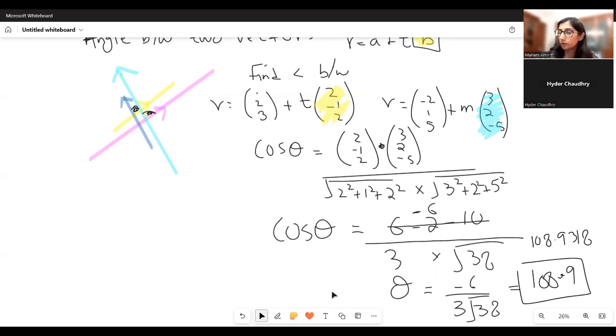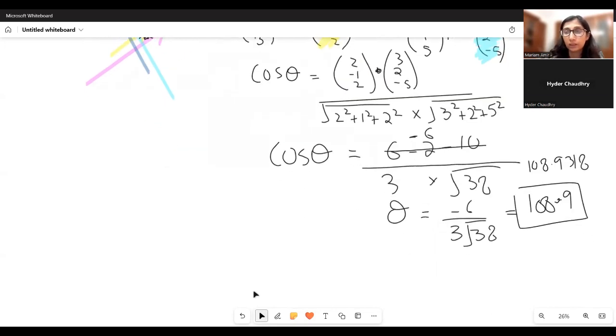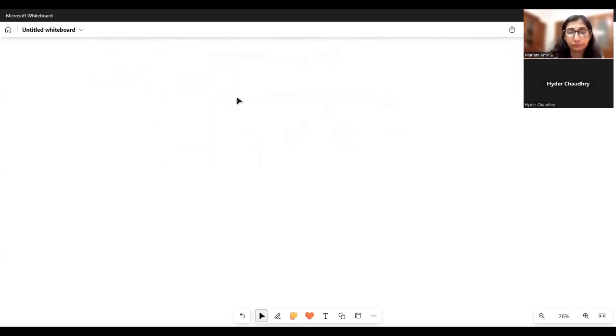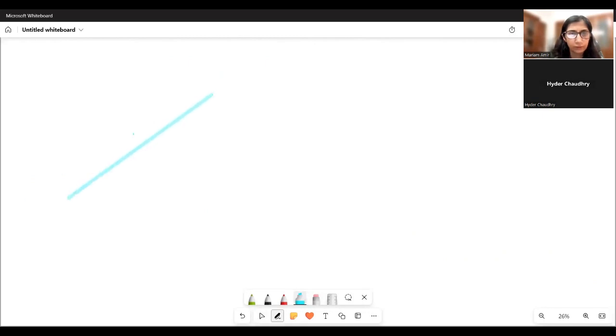Lastly, now we will discuss how to find the perpendicular distance from a point and a vector to the vector. So here's a vector. And let's say here's a point.